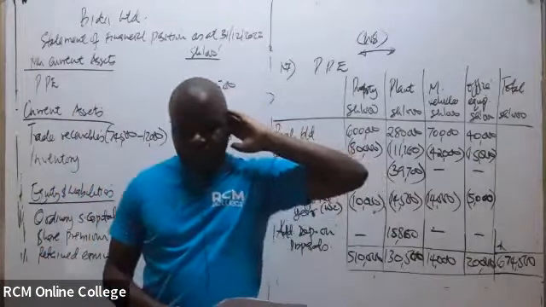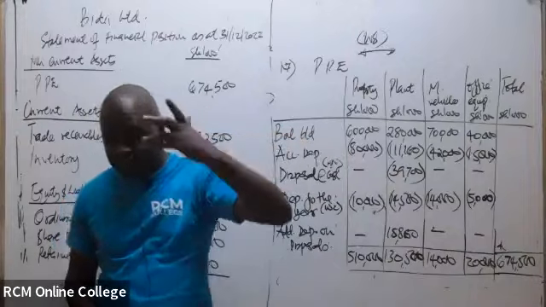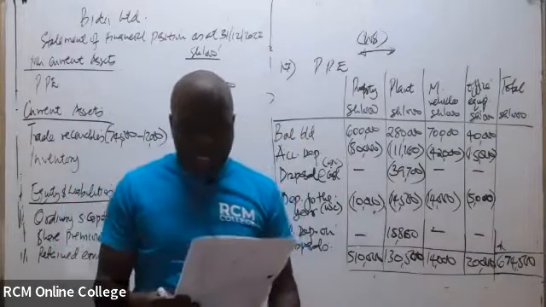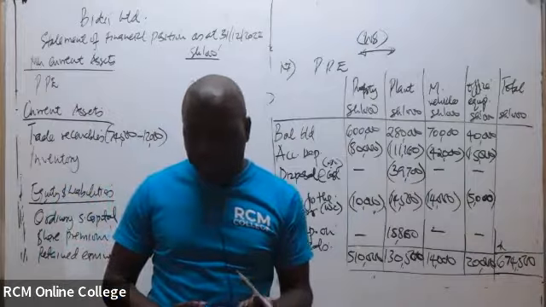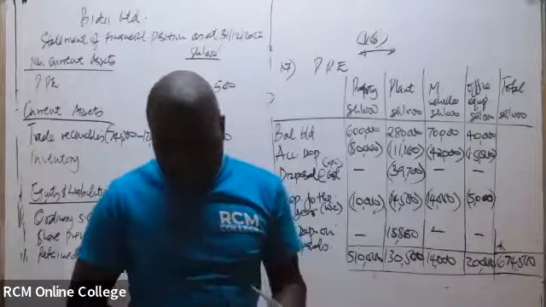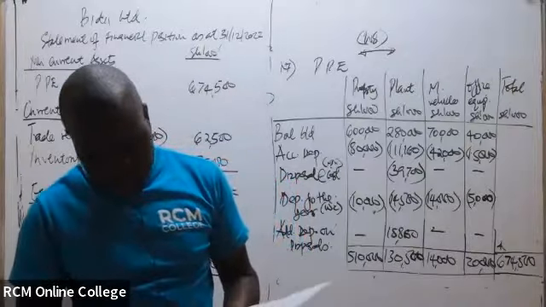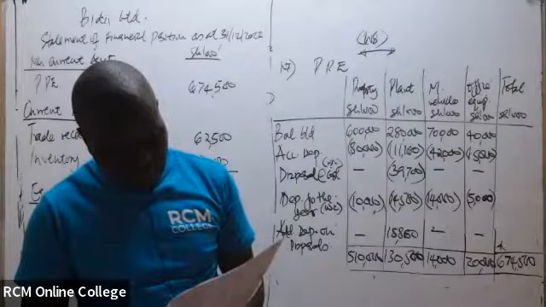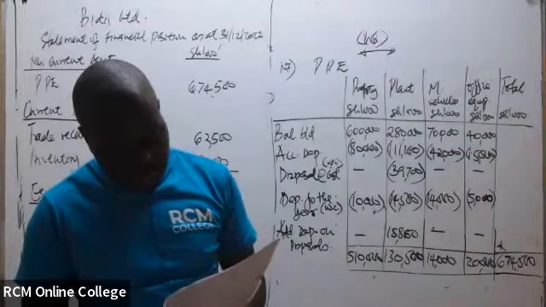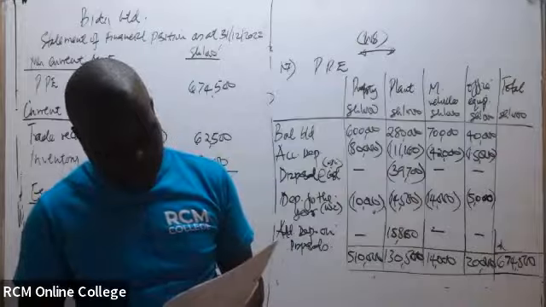You people are giving good answers. Any other person who can give us an answer? I can see Kirsty says 29,400,000.